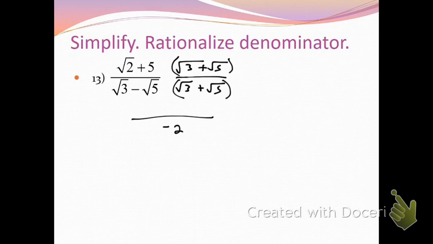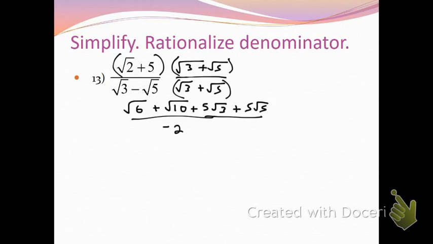In our numerator, we got a FOIL. So the first term would be square root 6 plus square root 10 plus 5 square root 3 plus, careful here, 5 square root 5.